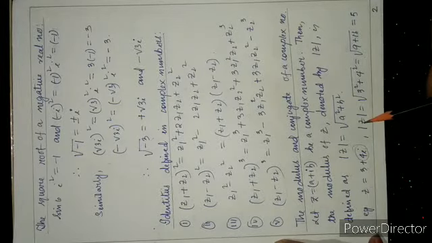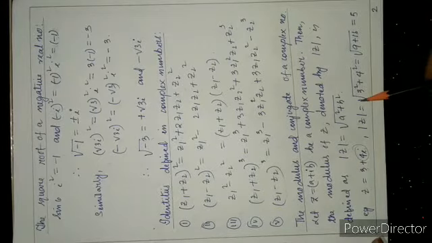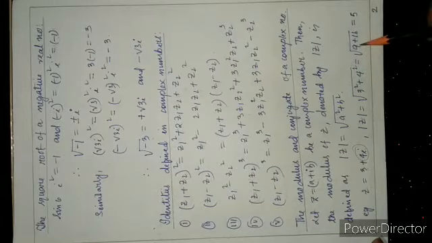Modulus of this complex number z is equal to root over 3 square plus 4 square. Since 3 square is equal to 9, 4 square is equal to 16, their sum is equal to 25, and square root of 25 is plus minus 5, but we should take the positive value of the square root.